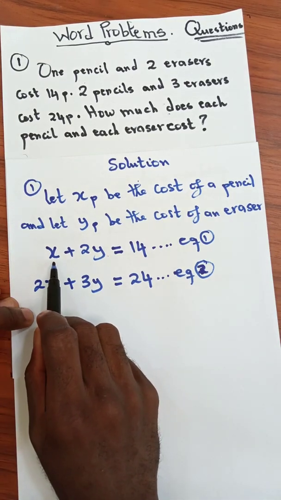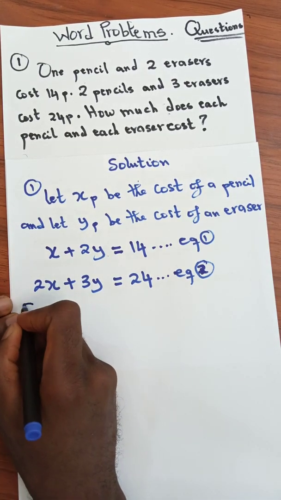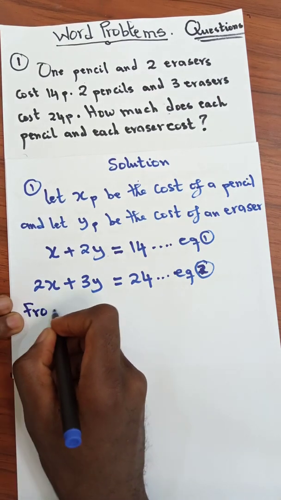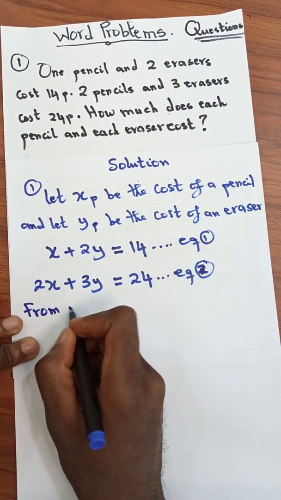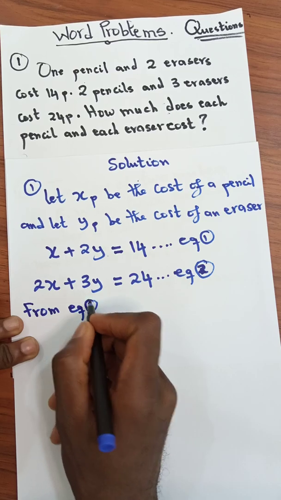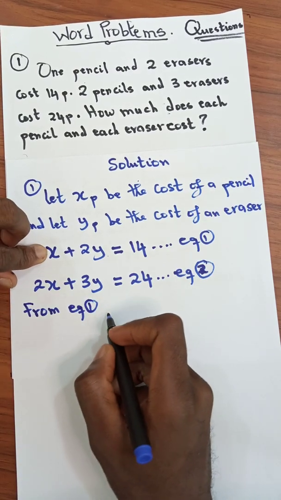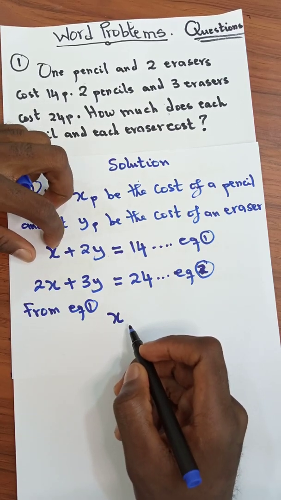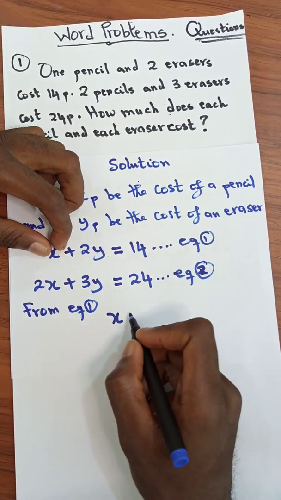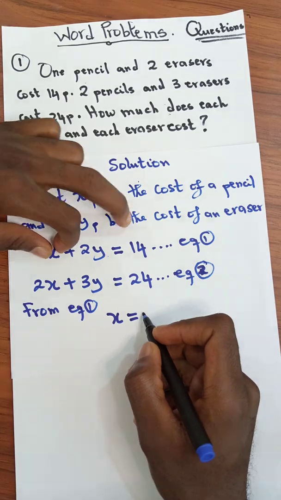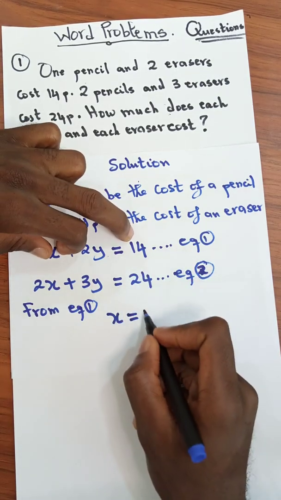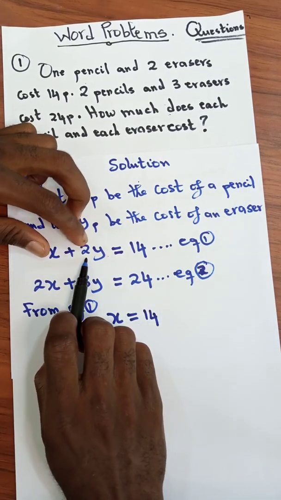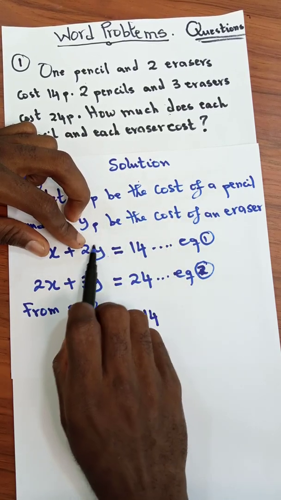Let's start with equation 1. So from equation 1, we can say x, we want to make x the subject, meaning we want to let x stand alone. x is equal to, so I maintain the 14, then I bring the positive 2y to cross the equal to sign.